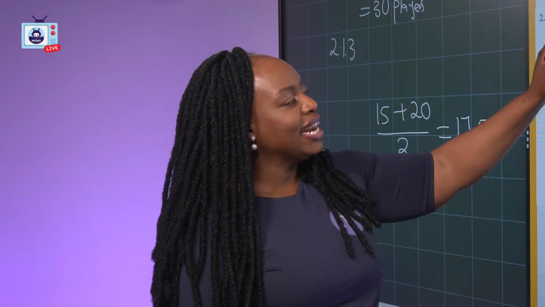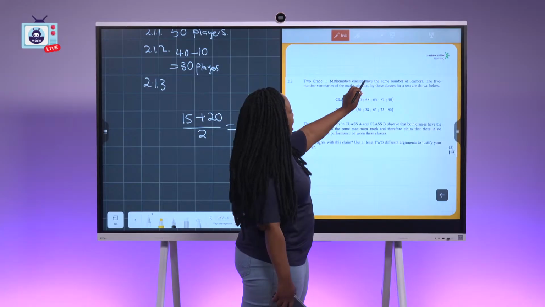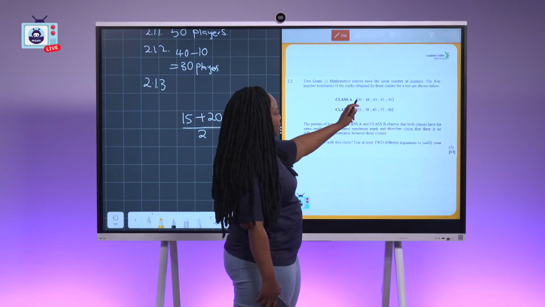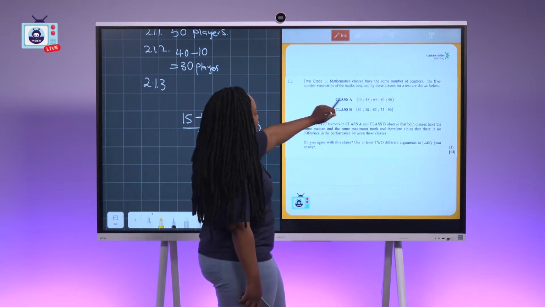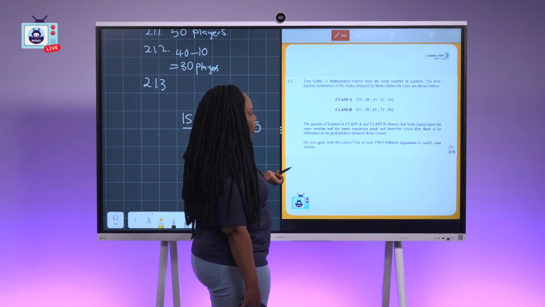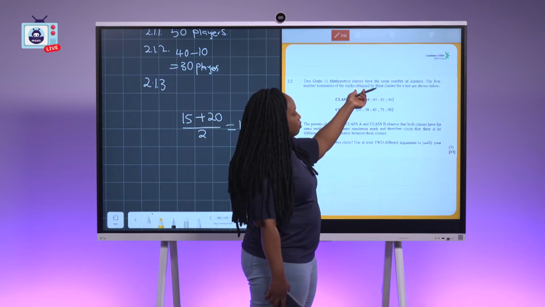So we have 2 grade 11 mathematics classes with the same number of learners. This means we have the same number of learners with 5 number summaries, if you remember the 5 number summary we spoke about, of the marks obtained by these classes.